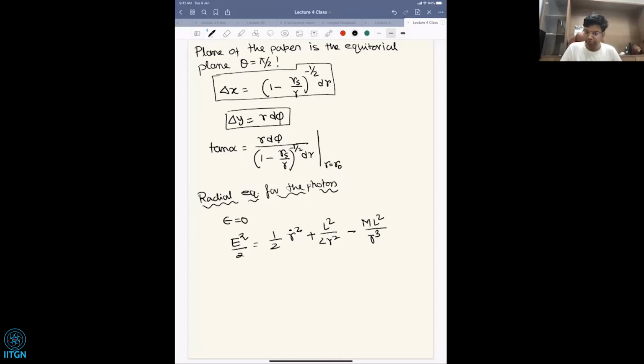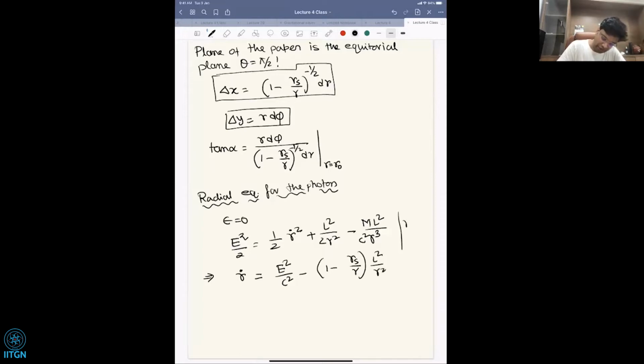Now I can manipulate this equation. I can write r dot, which is dr d tau, whole square, equal to E square. Let me bring out the c square again because it will be important. Then we have (1 minus rs by r) times L square by r square.